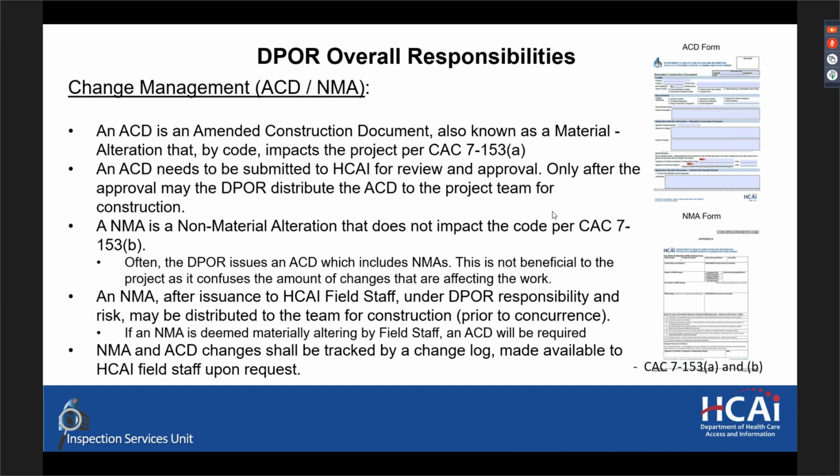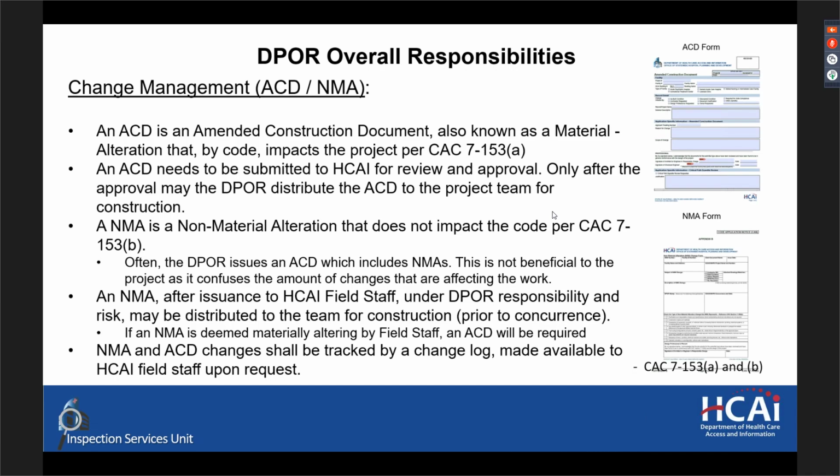Thank you, Monica. So, change management. Everybody on this call is probably very familiar with the fact that construction projects will change throughout the duration of construction, and the manner by which projects should change is outlined in CAC 7-153A and B. That section will tell you how an ACD is an amended construction document, which is also known as a material alteration, which by code impacts the project.